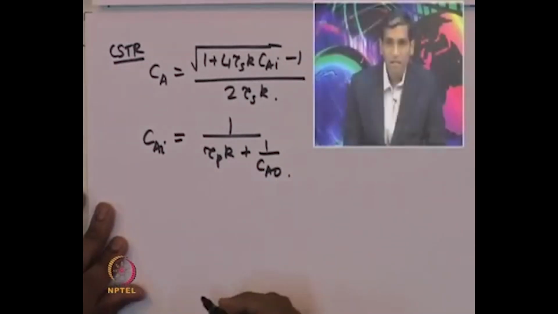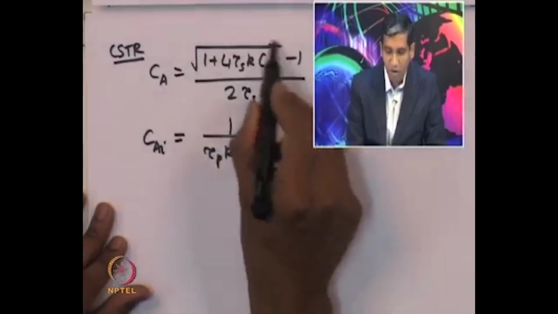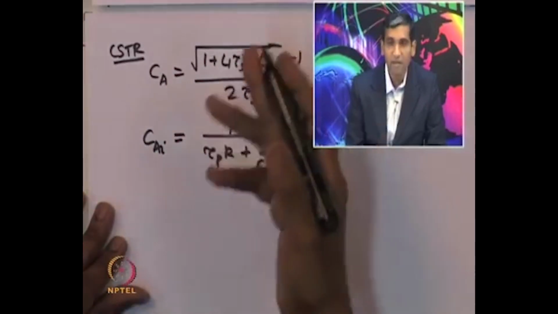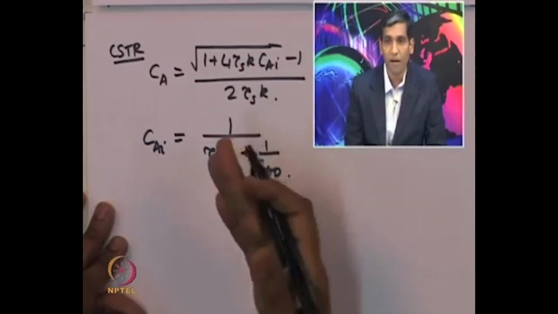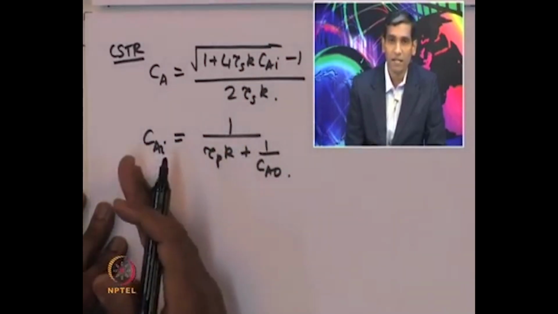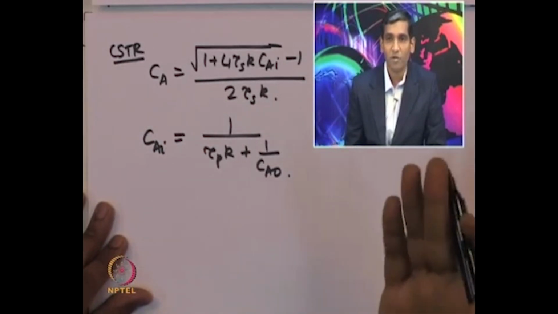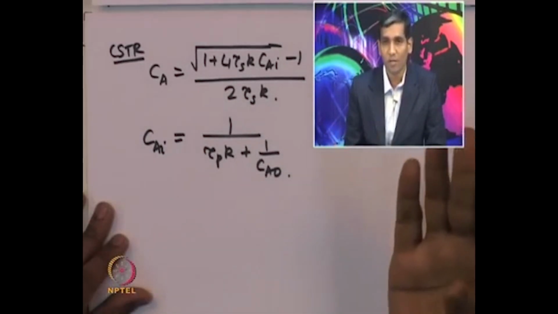So, clearly the expression that you get for the concentration of the species leaving the CSTR, if there is a plug flow reactor preceding the CSTR, is completely different from the expression that you get for the situation where the plug flow reactor actually follows the CSTR.